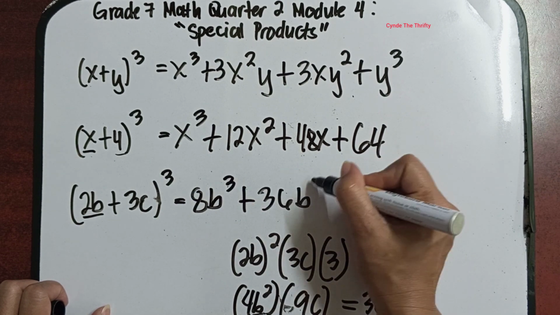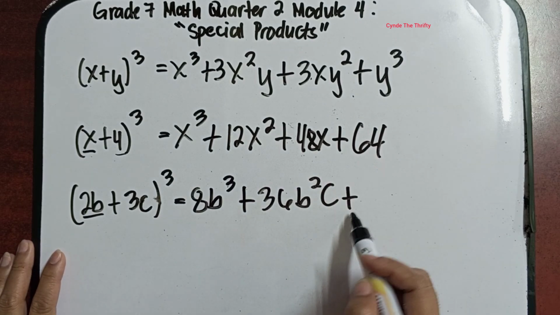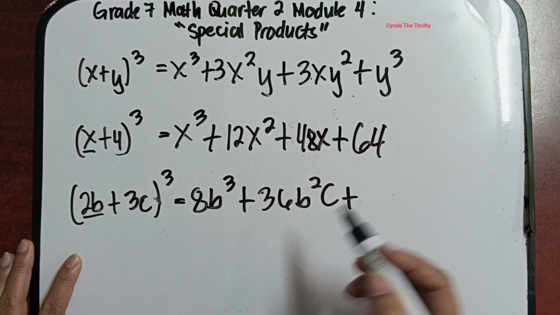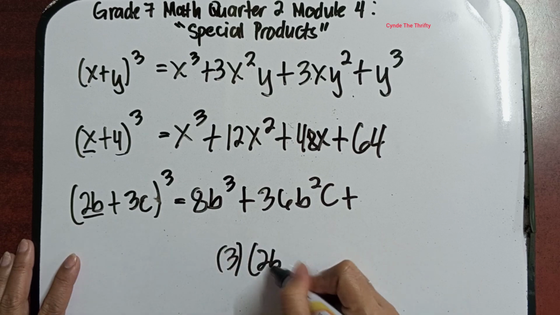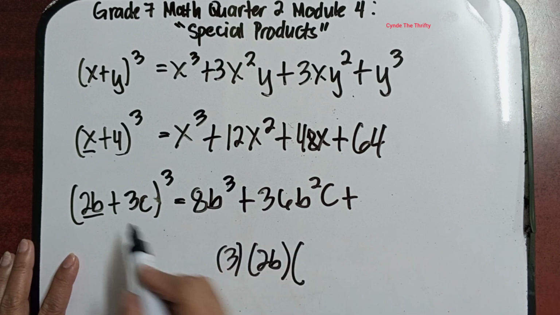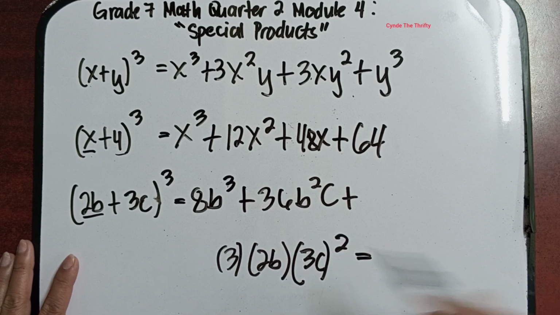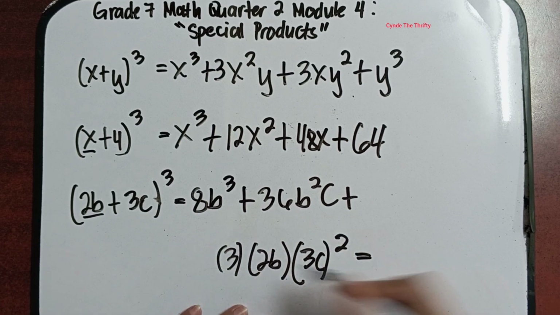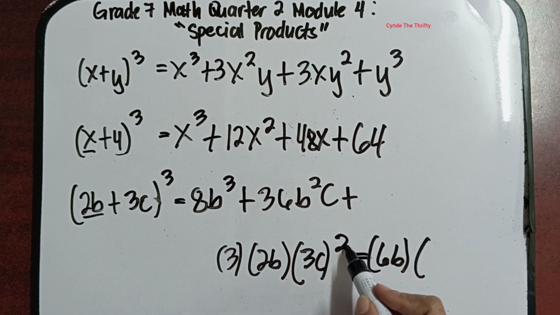Okay, so ito na yung second term natin. 36b squared c. Sunod natin na step is i-add natin 3 times the first term. So, 3 times the first term natin is 2b and then times the square of the second term. So, ang second term natin is 3c, square natin siya. Okay, so 3 times 2 is equal to 6b multiplied by 3 squared is 3 times 3.